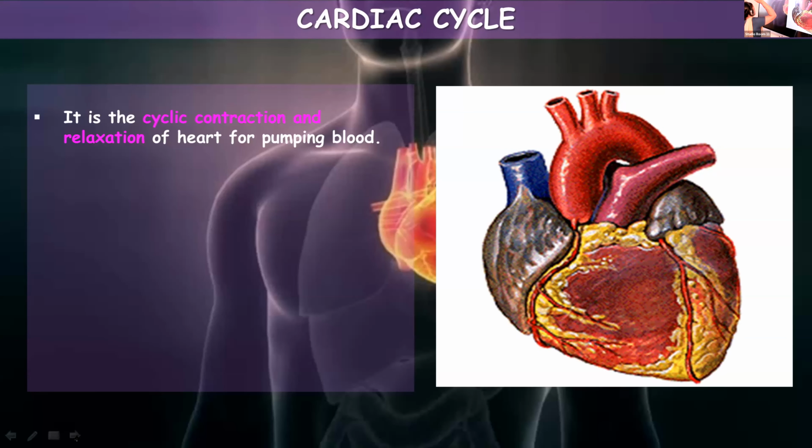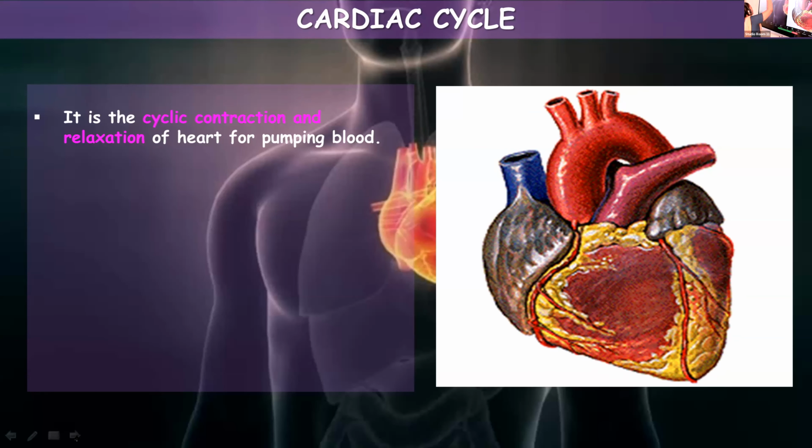Next is about the cardiac cycle. It's a cyclic contraction and relaxation of the heart for pumping blood. You know that it keeps on getting repeated. It's a cyclic process. It never stops. So that is known as the cardiac cycle, or you can define it as the cyclic contraction and relaxation of the heart, for pumping blood.